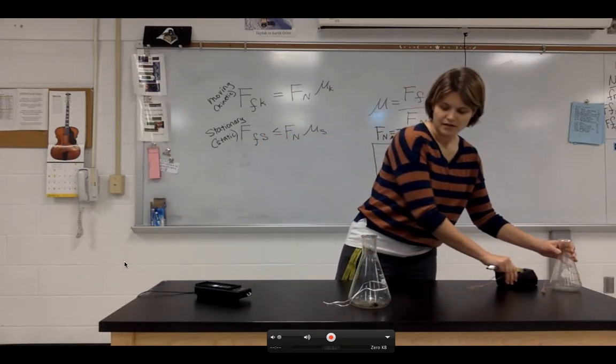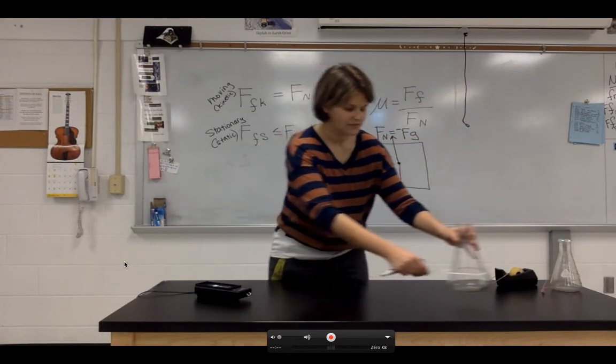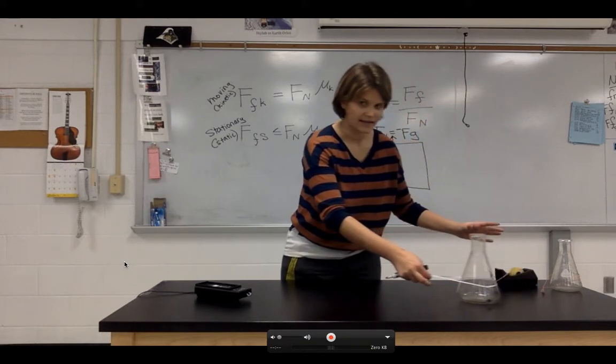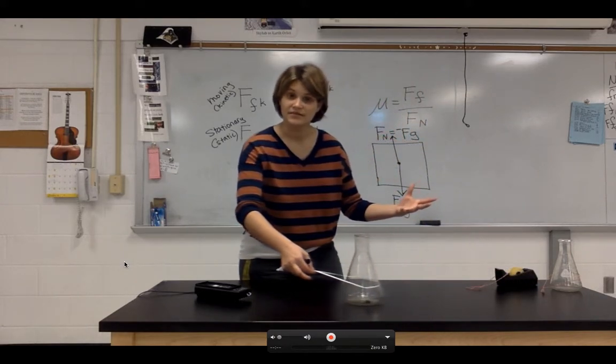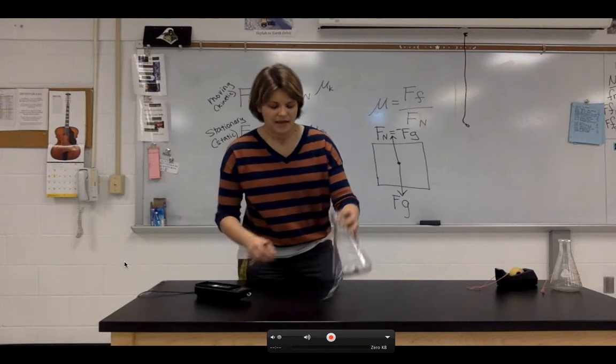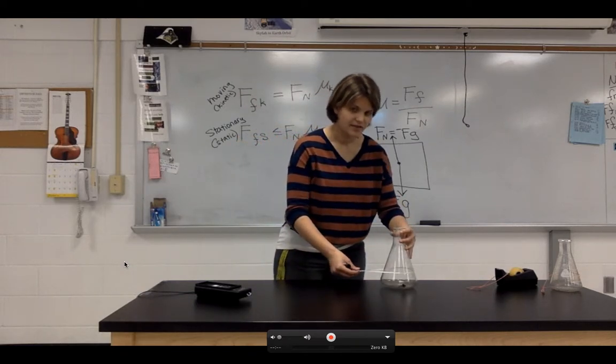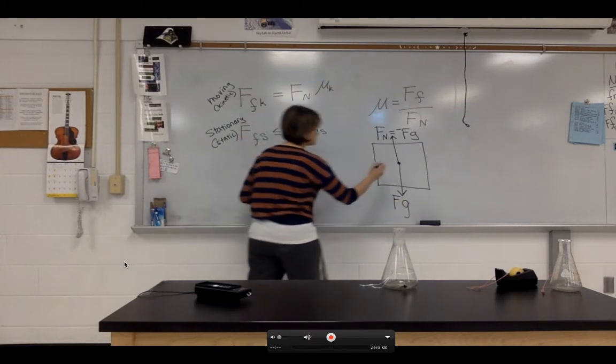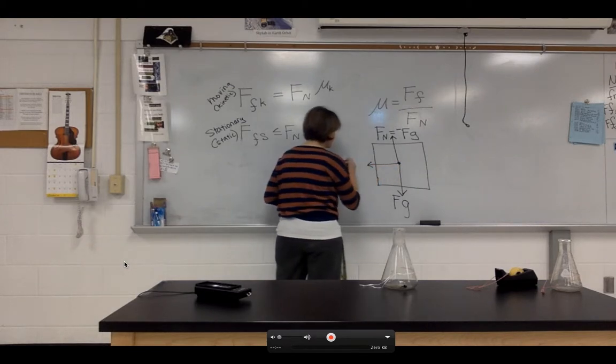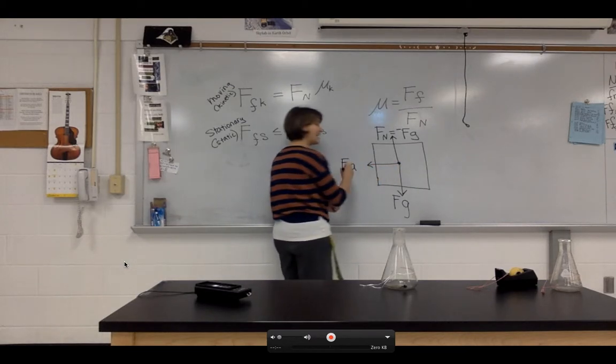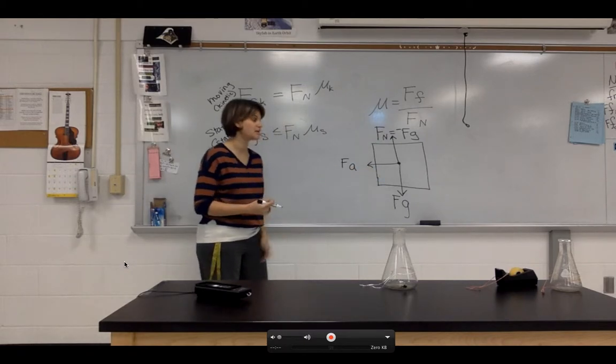Let's say that I go ahead and apply a force to my flask to have it moving with a nice constant velocity. If I do that, then we've got a label here, Fa, for F applied, so the force that I'm applying.